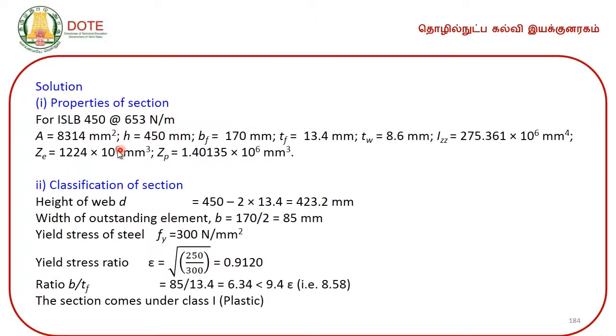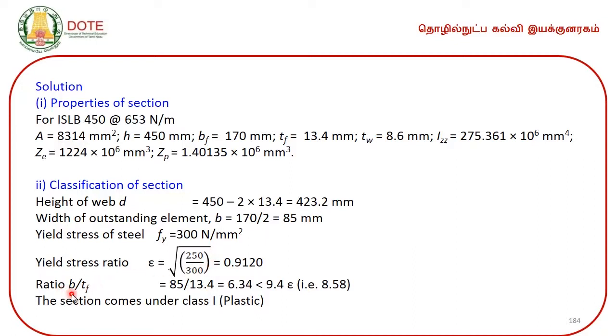First step is to write down the properties from the steel table. So, these are the properties of the given ISLB 450 at 653 Newton per meter, and second step is to classify the given cross section. This is height of the web and width of outstanding element, yield stress, and this is the yield stress ratio.